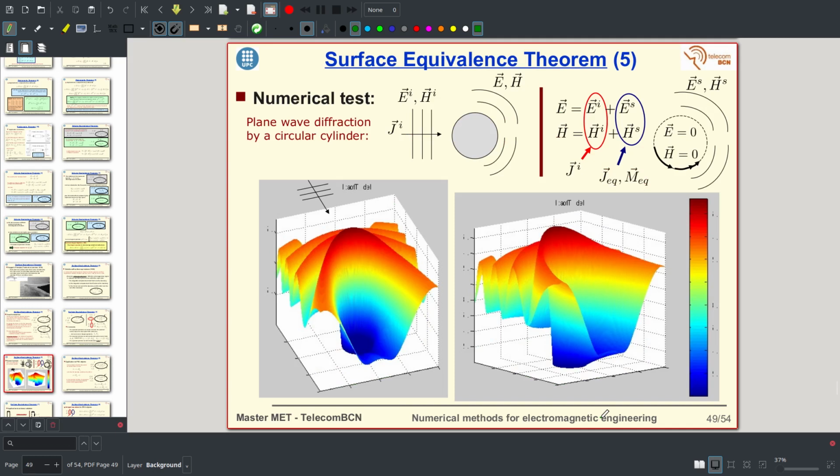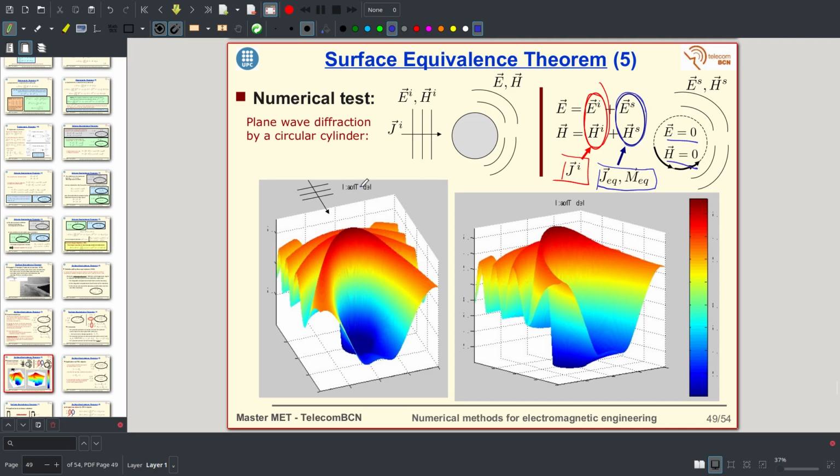I said that in the equivalent problem we have the summation of the incident fields due to the impressed currents plus the scattered fields due to the equivalent currents, and we have zero fields inside S. It is quite difficult to believe this about zero fields inside S, so let's make a numerical test.